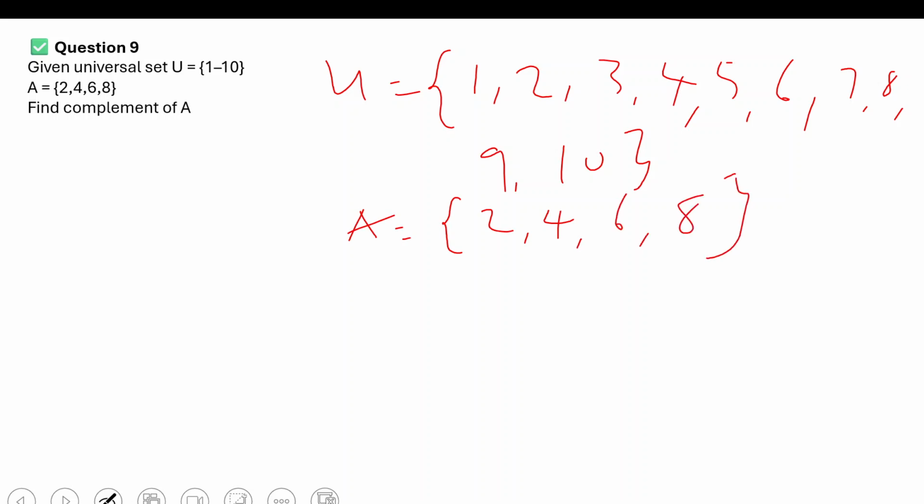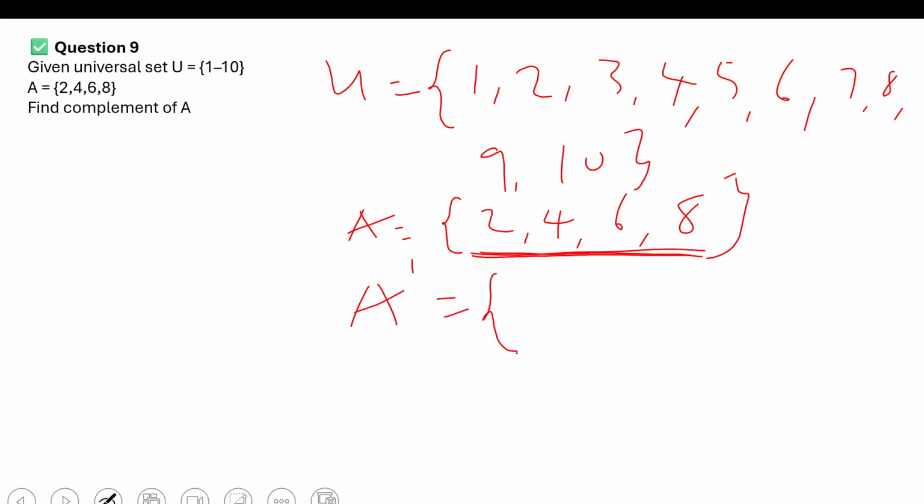Find A complement, or complement of A. What that means is that I will look at the elements listed in A and exclude them from the universal set, and list out the remaining elements after the exclusion. That will form the complement.